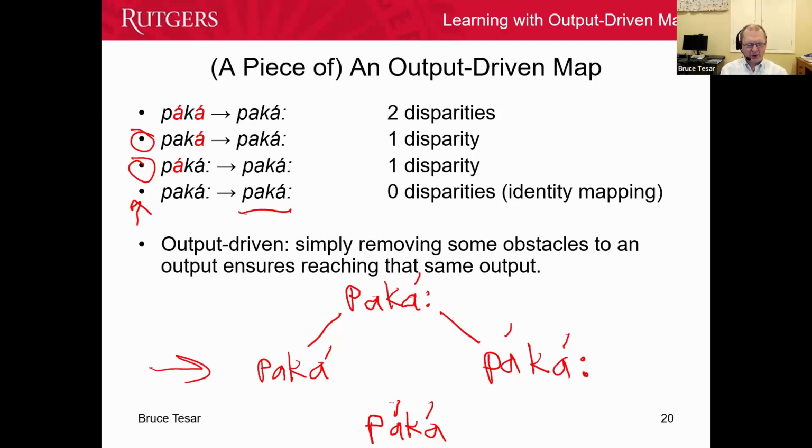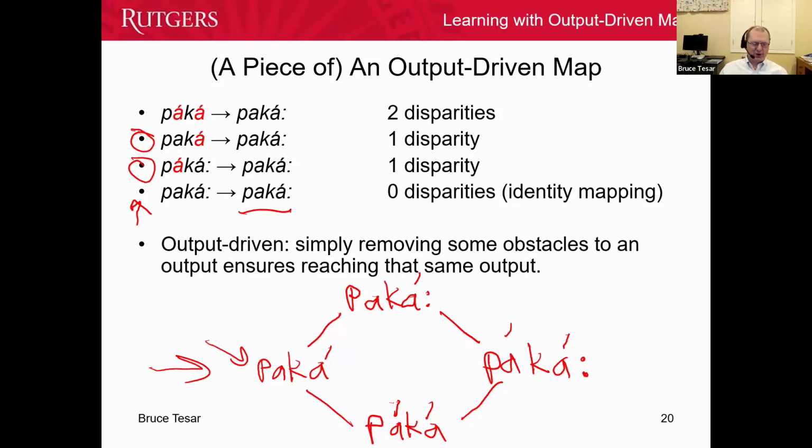Is the candidate with two disparities. And what we get for the similarity relation is actually a lattice. So if this candidate is mapped to our given output, anything above it, which has greater similarity, must also go to the same output.